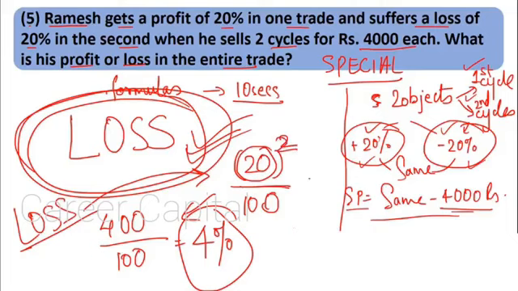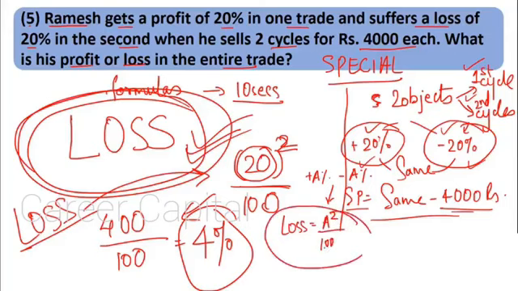So let us say if the person gets a percent profit and a percent loss, and the selling price is the same, then the loss percent is given by a square upon 100. Simply square the percentage and divide by 100 and you will get the percentage loss in the entire trade.